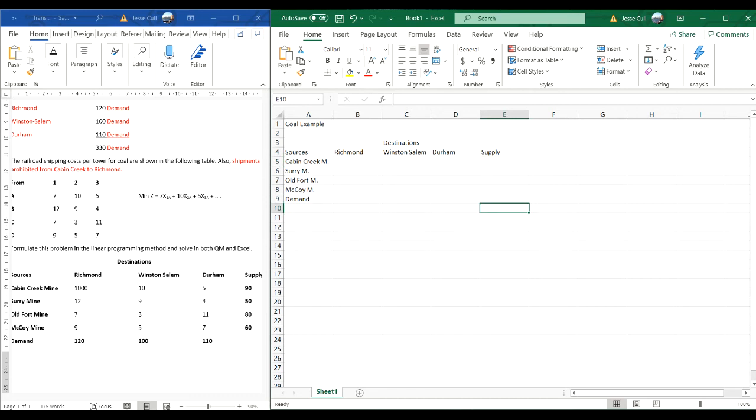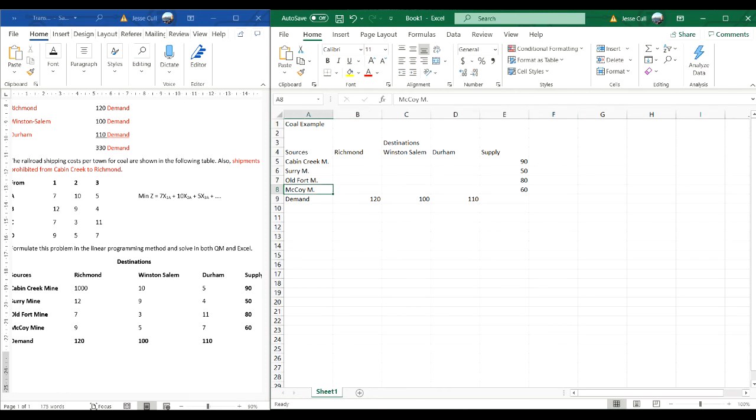So we can begin entering our relevant information. Demand is 120 units demanded in Richmond, 100 units demanded in Winston-Salem, 110 units demanded in Durham. Supply is 90 in Cabin Creek, 50 in Surrey Mine, 80 in Old Fort Mine, and 60 in McCoy Mine.